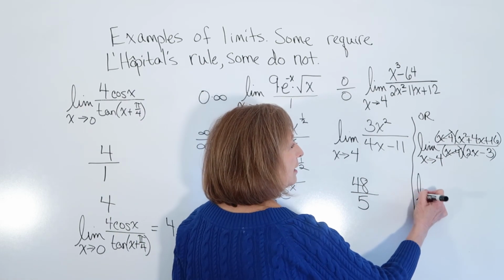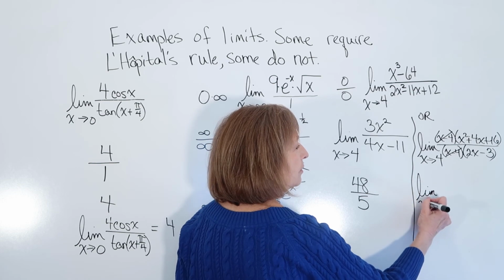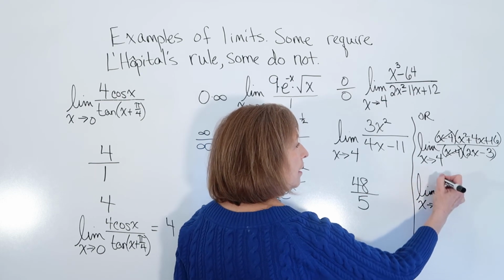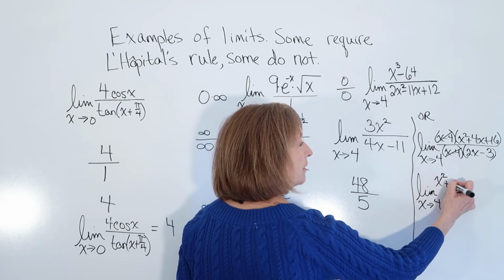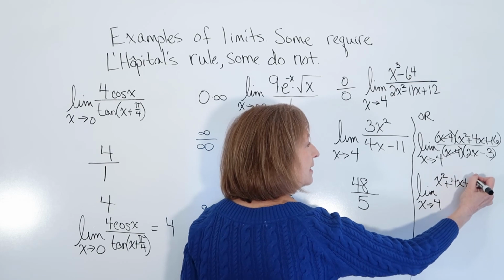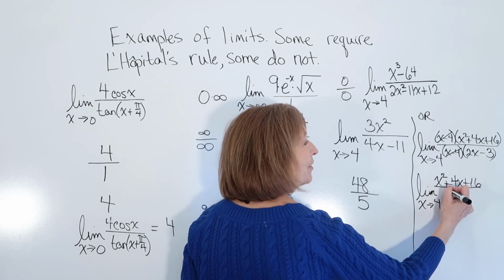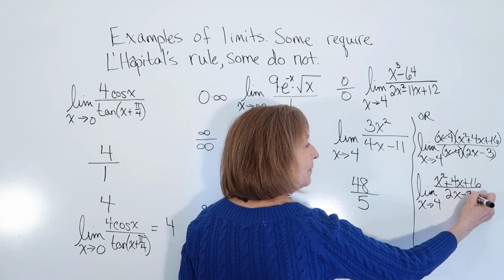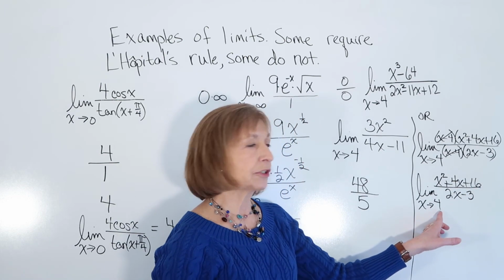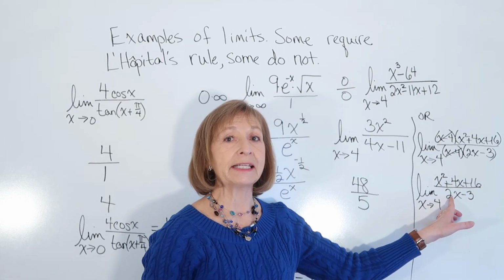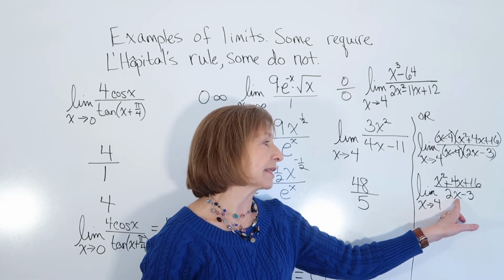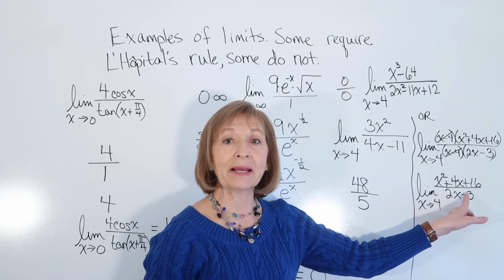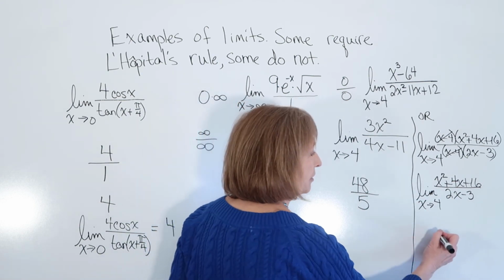And then when I look at the limit as x approaches 4 of that x squared plus 4x plus 16 over the 2x minus 3, well, as x approaches 4, 2 times 4 is 8, so 2 times x approaches 8, then minus 3, the denominator approaches 5.